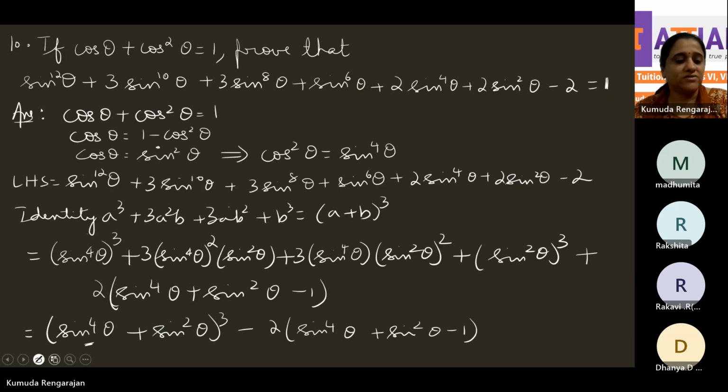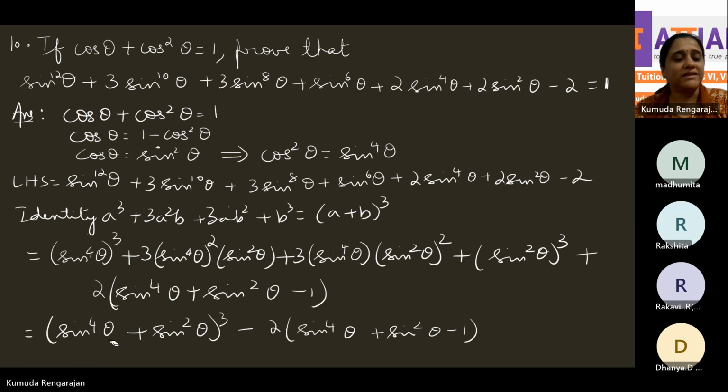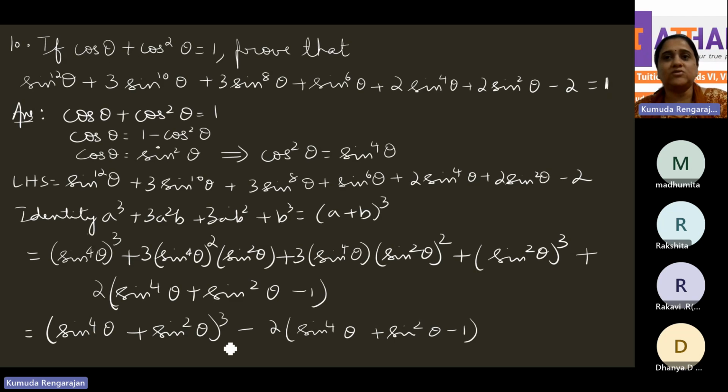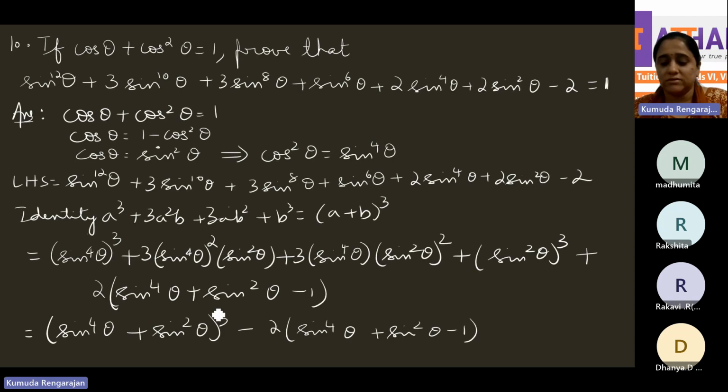So the sine theta to the power 4 can be replaced with cos square theta, correct? And after that, sine square theta, don't disturb that. Let that be there. Sine square theta, whole cubed.